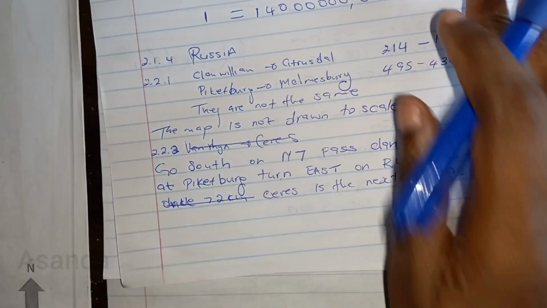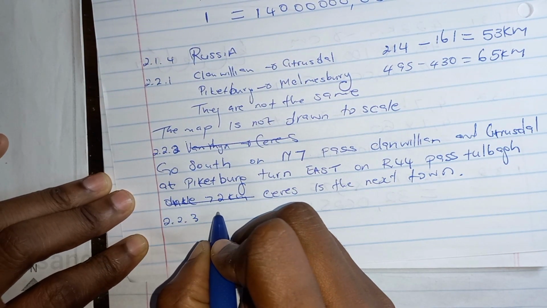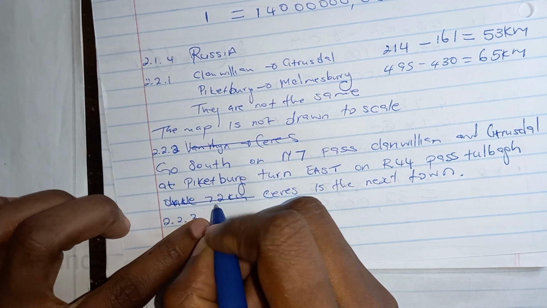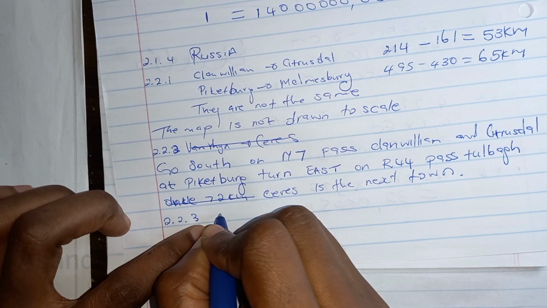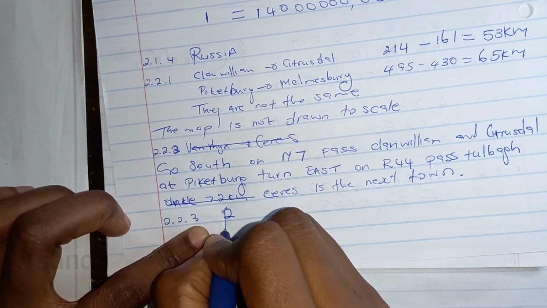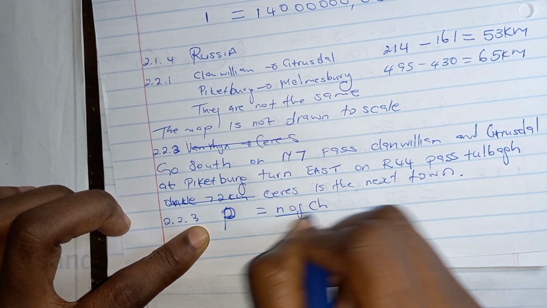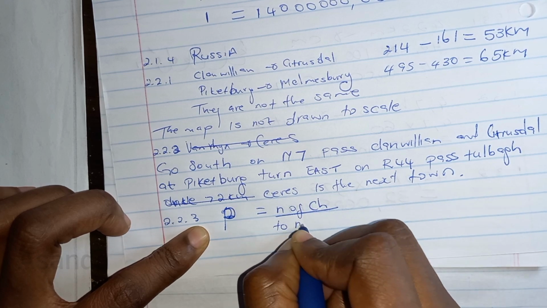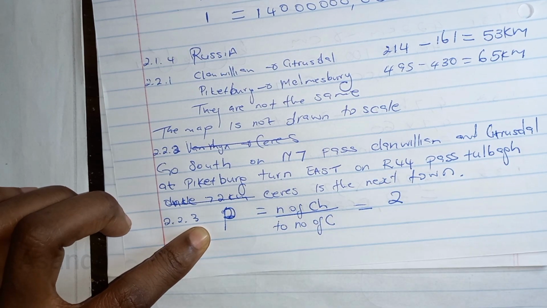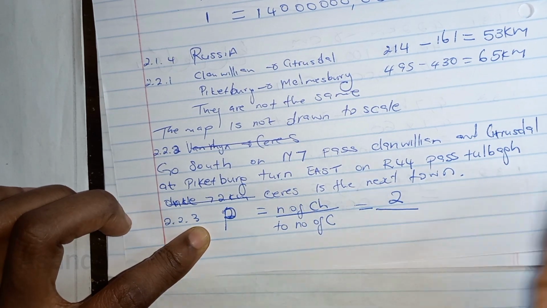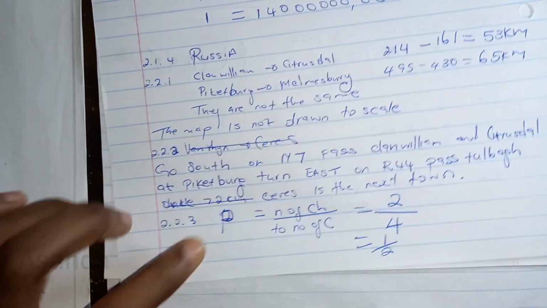So the probability at 2.2.3 is the number of chances divided by the total number of chances. There are 2 even ones, and the total of all the original roads is 4. That means it'll be 1 out of 2.